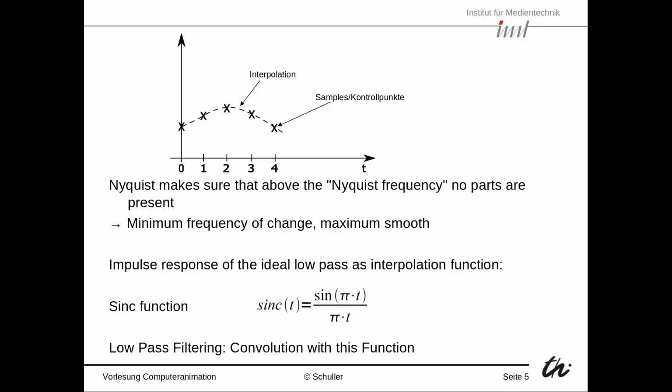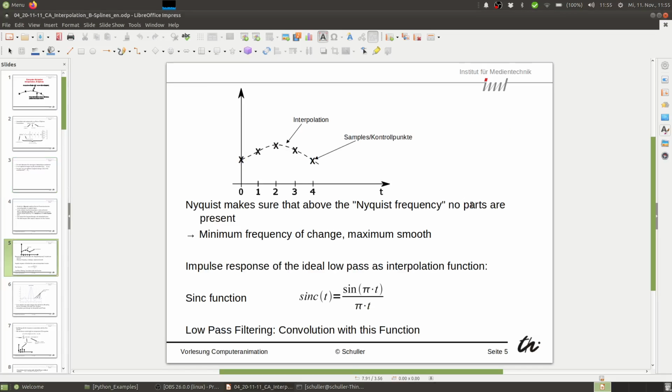So this is again this interpolation. Here we have our samples or control points, and this dashed line is the interpolation which we might get from low-pass filtering. The Nyquist theorem makes sure that above the Nyquist frequency we have no frequency components present, or no signal components.